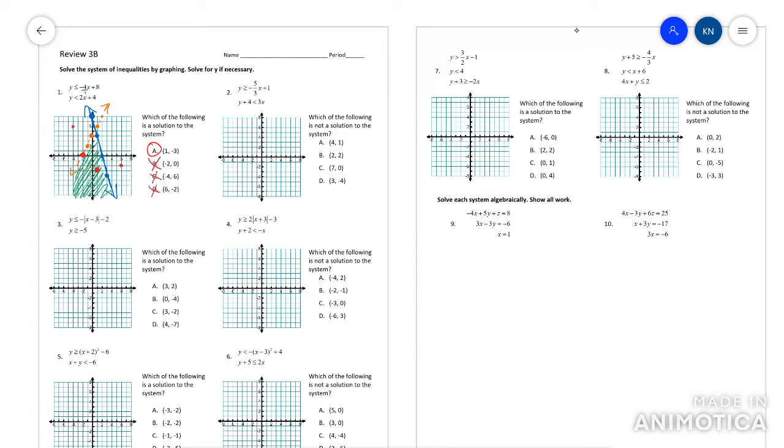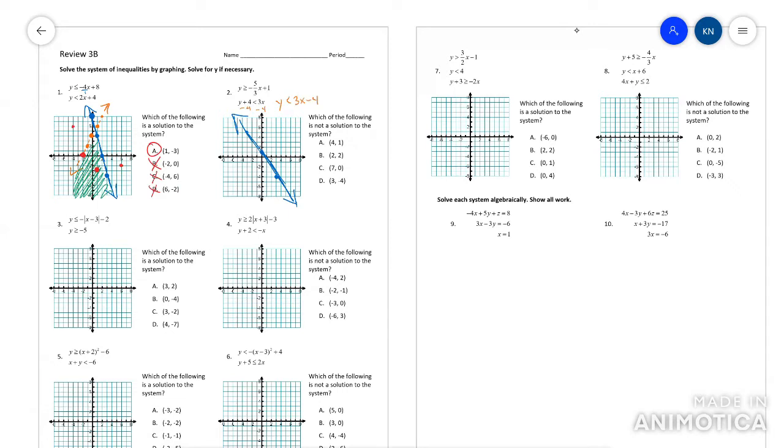Graph this equation. Start at your y-intercept. Drop 5, run 3. This is a solid line. So it looks something like this. The second line, you need to convert it to mx plus b form, so -4. So now it's y is less than 3x minus 4.